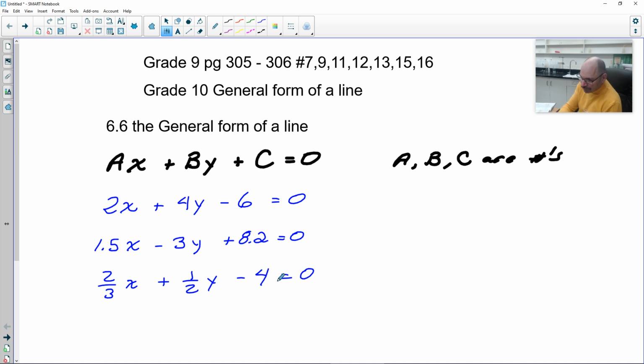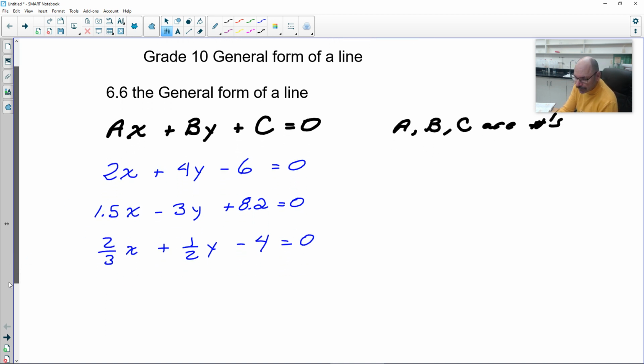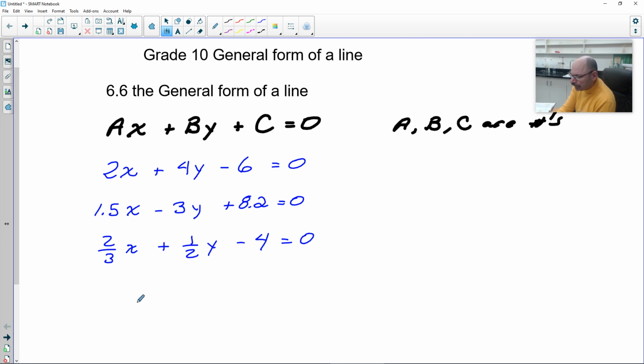Something might be missing. If a y or an x point is missing, it might be 3x plus 0y minus 2 equals 0. So that would be 3x minus 2 equals 0.